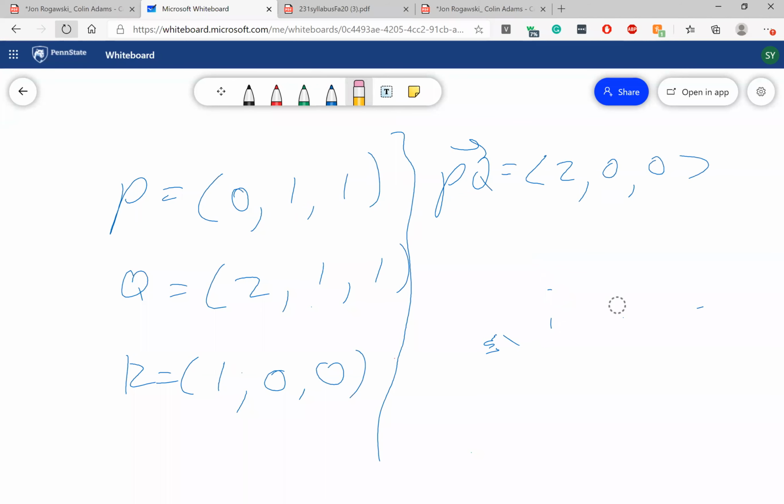So that's the vector PQ. Next, we want to find the vector PR. So that's going to be 1 minus 0, which is 1, and 0 minus 1, which is negative 1, and 0 minus 1, which is negative 1.